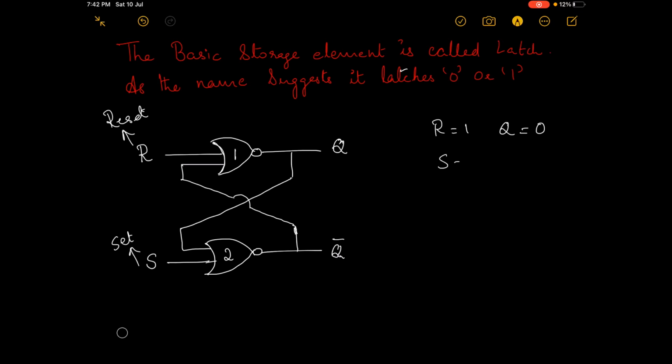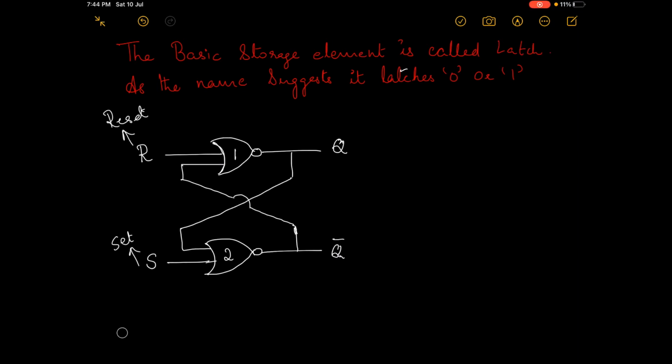Similarly, when you give set as 1, the same output Q should be 1. So we'll prove that when R is equal to 1, Q is equal to 0, and when S is equal to 1, Q is equal to 1.